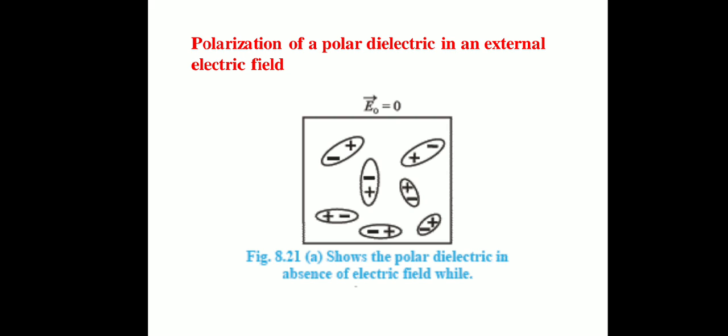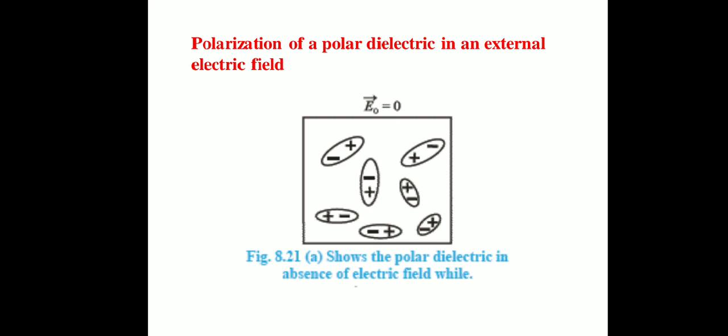Next is polarization of polar dielectric in an external electric field. Now, as we have already discussed, in case of a polar dielectric molecule, the center of gravity of negative charge does not coincide with the center of gravity of positive charge.